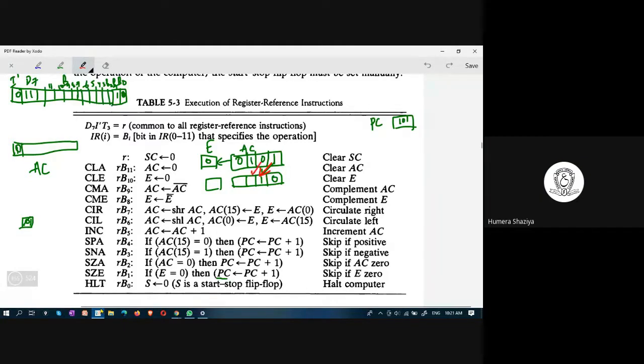This is shifted left. This is shifted left. This one was brought into 0th place. And this last bit, this is 1. And then this last 0 would go into E.